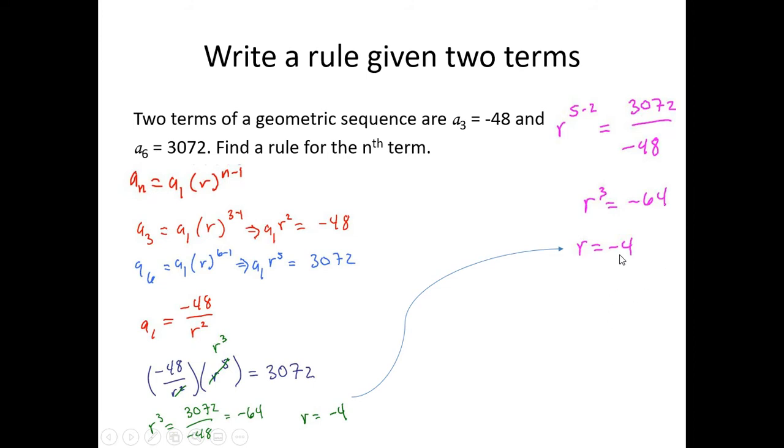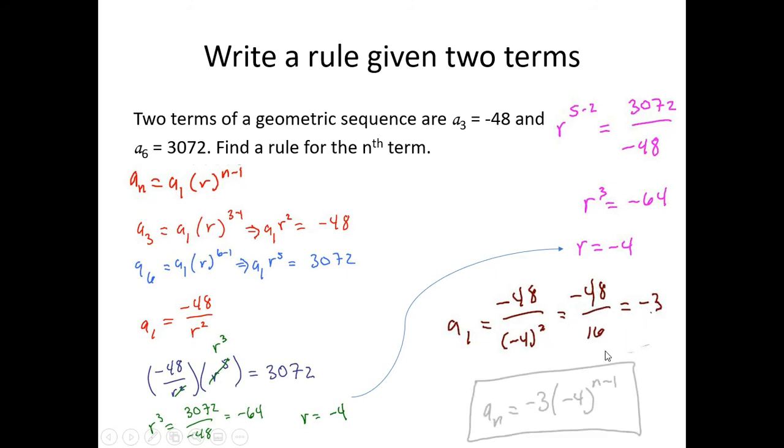Now that I have r, the last thing I have to do is find a sub 1. It's negative 48 divided by r squared. So negative 48 divided by 16 is negative 3. And now I have all the terms that I need to figure out what a sub n is. A sub n is a sub 1, which is negative 3, times r, which is negative 4, to the n minus 1 power.